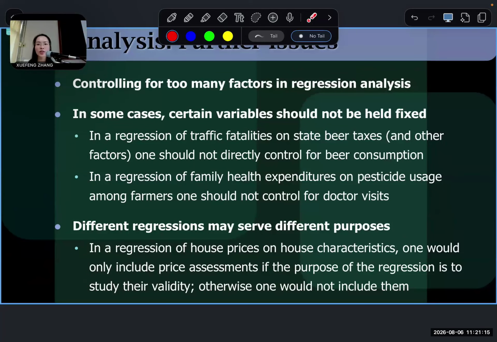You can actually control for too many variables. The first example: we regress traffic fatalities on beer taxes. Don't also control for beer consumption. Why?